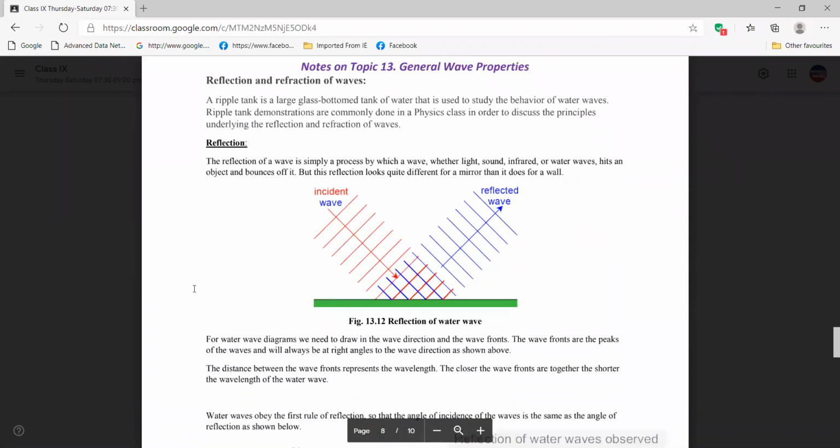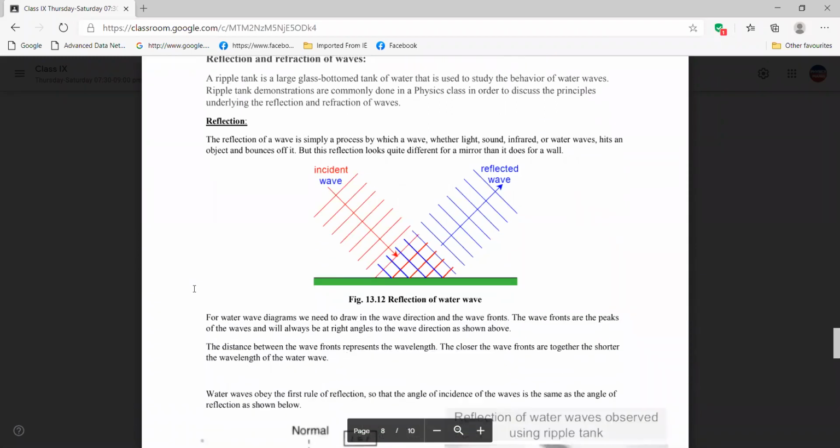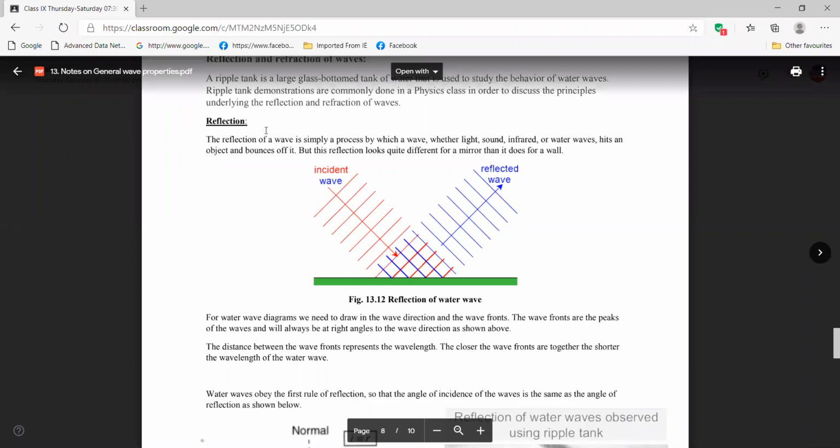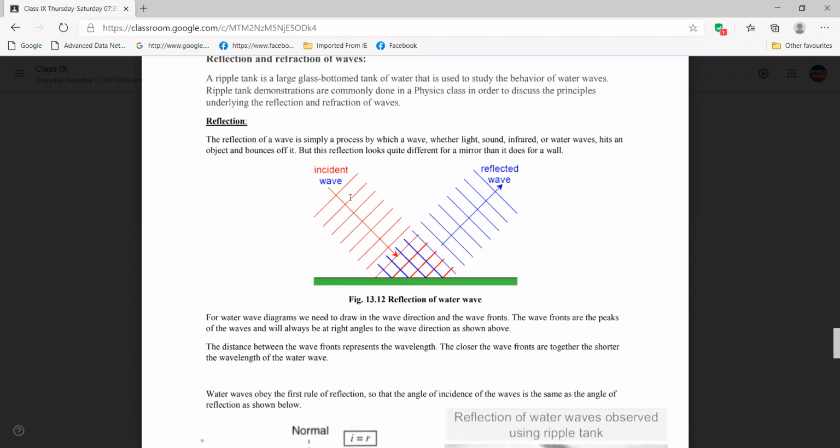Then reflection. Write the heading reflection. After writing the heading, you draw this diagram.